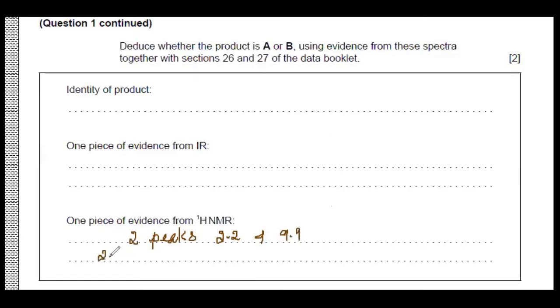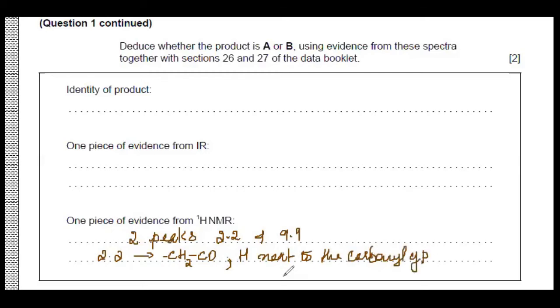Now the 2.2 corresponds to the hydrogen from the CH2 group very next to the carbonyl group, a hydrogen next to a carbonyl group. And there was the 9.9 peak, which corresponds to the hydrogen from the aldehydic CHO functional group. This is in the range of 9.4 to 10.